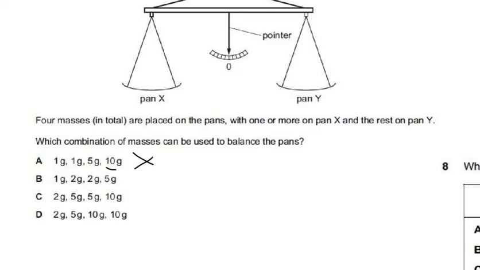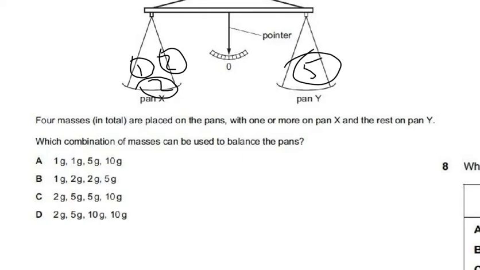All right. Letter B. Our biggest one is 5. So if we take 1 plus 2 plus 2, that's 5, isn't it? So if we put 1, 2, and 2 there, and then we could put 5 there.